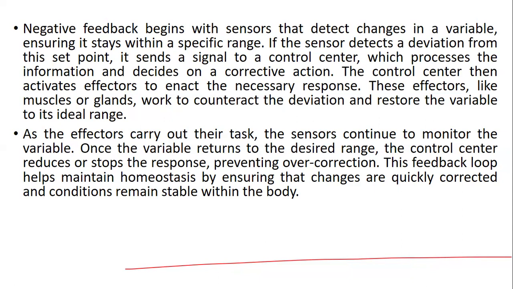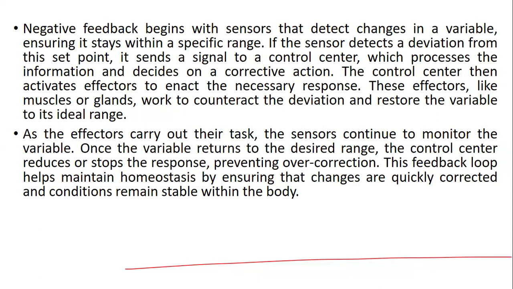Now, coming back to your example, like I gave the example of thermoregulation or temperature regulation. The key point here is that there are receptors in your skin that are detecting the temperature of your body and comparing it with that of the environment around you.